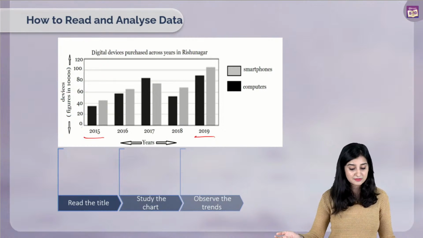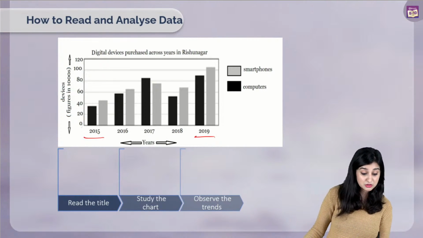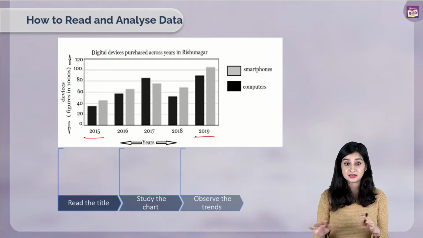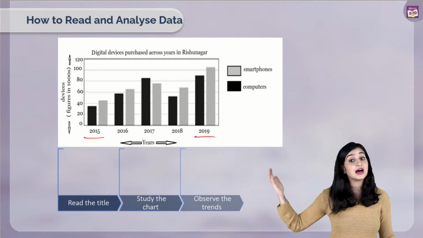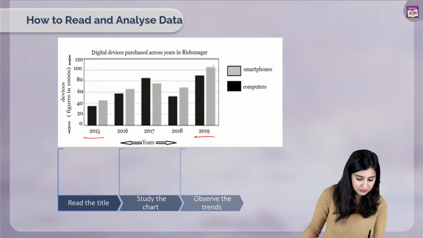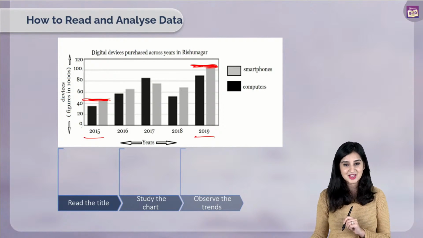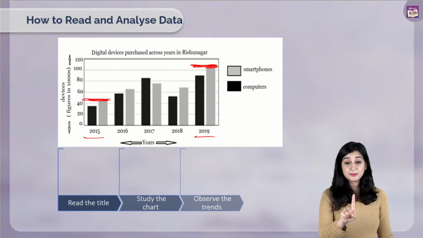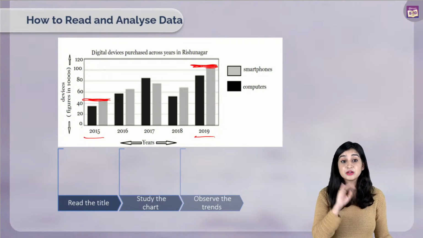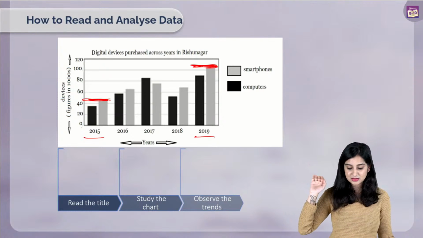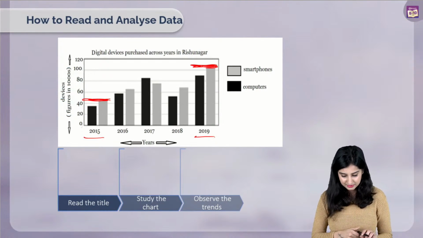So the number of smartphones and computers that were purchased in 2015 versus those that were purchased in 2019. The figure is higher for 2019. It's all the way over here, whereas in 2015 it was all the way down there. So that is the first trend, okay, that the number of smartphones and computers purchased over the years has increased.